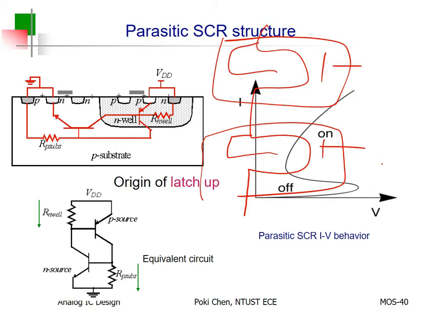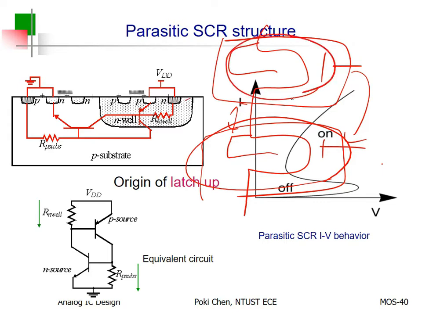Congratulations, no body effect. All right? But it is a little bit more expensive because separated N wells means what? Larger layout area. You need to have some kind of spacing between different N wells, especially with different potential. The potential, the body voltage here and there won't be the same. Okay?